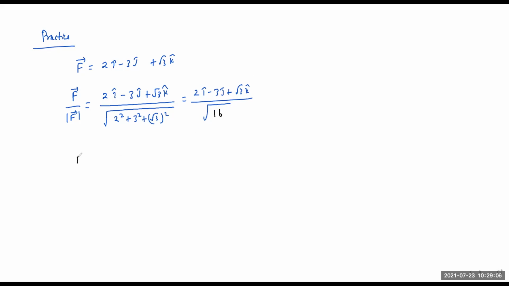So the F cap turns out to be 2i cap minus 3j cap plus root 3 k cap upon 4. You can write F cap as 2 by 4 i cap. Oh, you have to be careful. You have to write the minus inside because the coefficient must be cos. So I have to write minus 3 by 4 j cap.